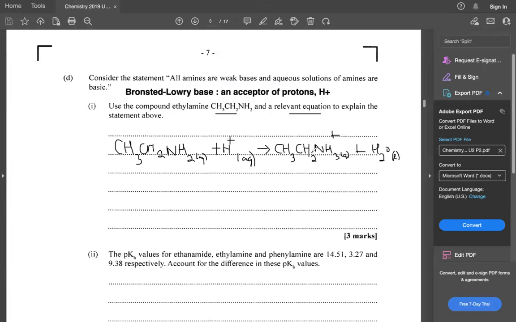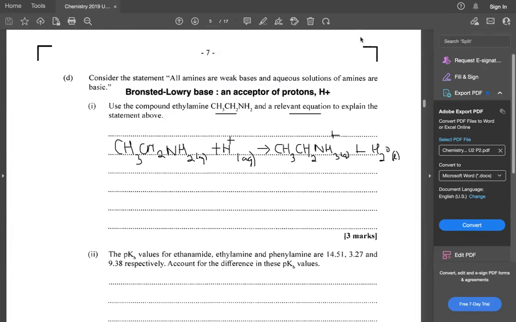So this equation can explain the statement above that amines are weak bases because they do accept protons, right, to then form a salt, this ammonium salt and water. Okay, so that's how we would show that. And then for part 2 now, let us scroll up.